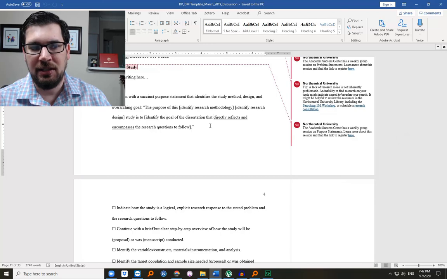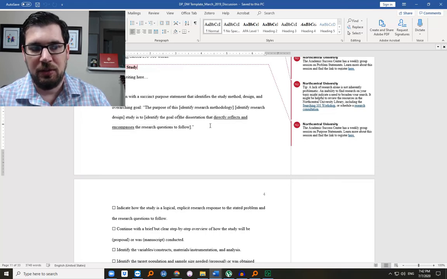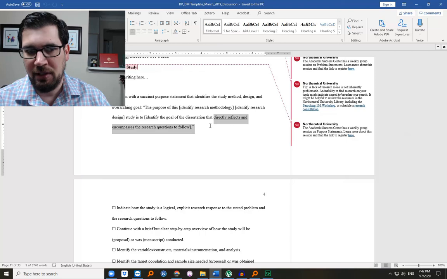Another thing to note here is that if it's qualitative, you don't want to get into perceptions of how variable A affects variable B. You want to just focus on situation or concept A. You don't want to try to prove anything causal or relational in a qualitative study by interviewing focus groups, whatever it may be.